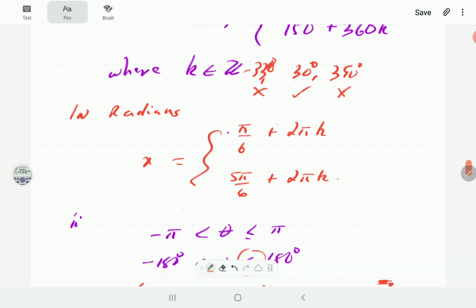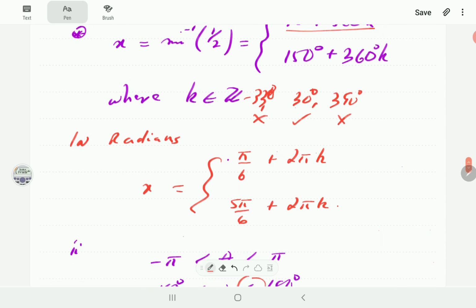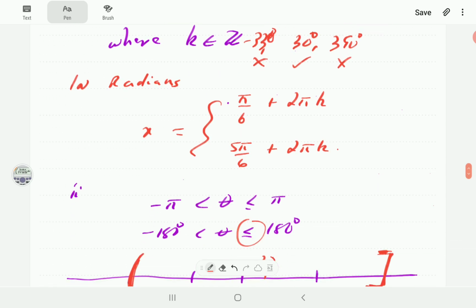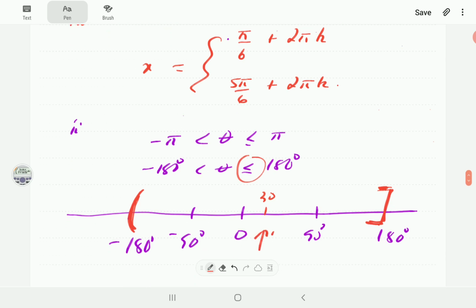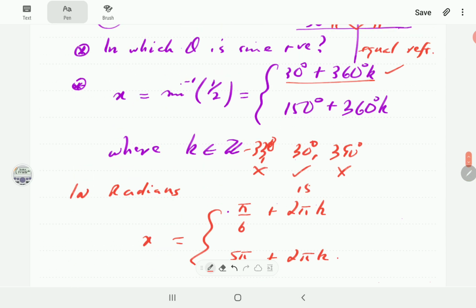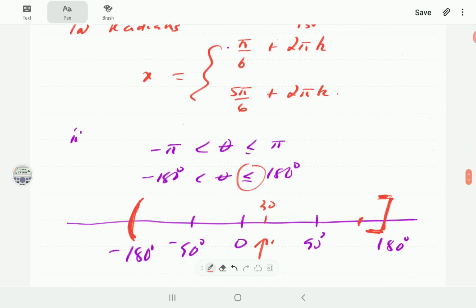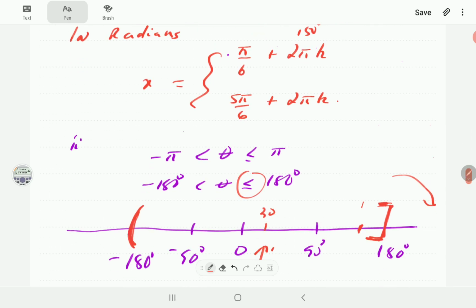Then we do the same thing for 150. So for 150, when k is 0, we've got 150, of which 150 is somewhere here. So we write 150 down. Then when k is 1, 150 plus 360 is going to be outside this range.